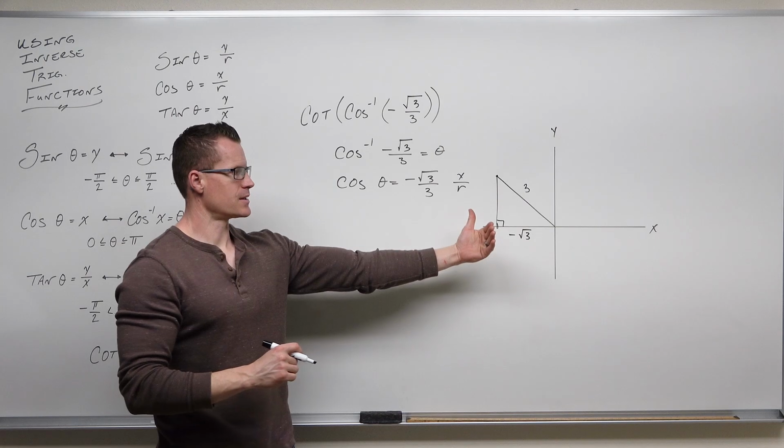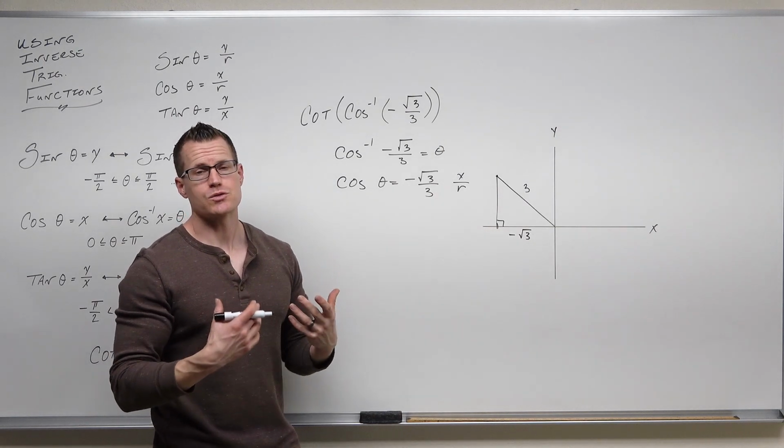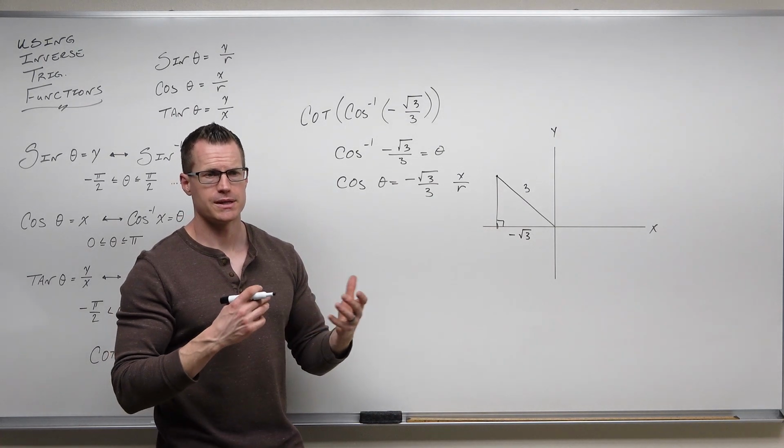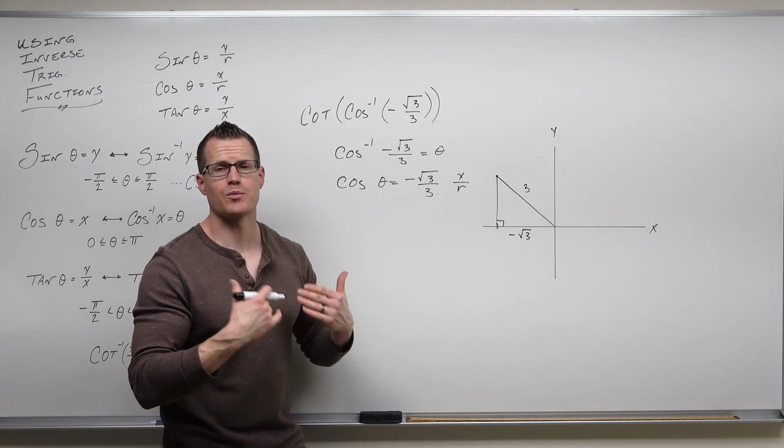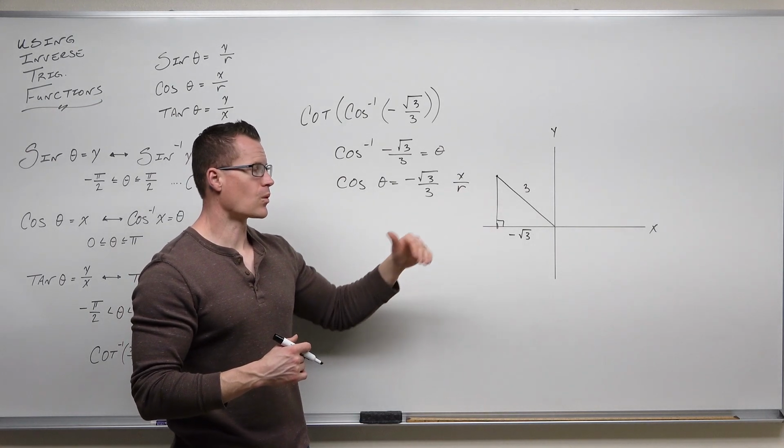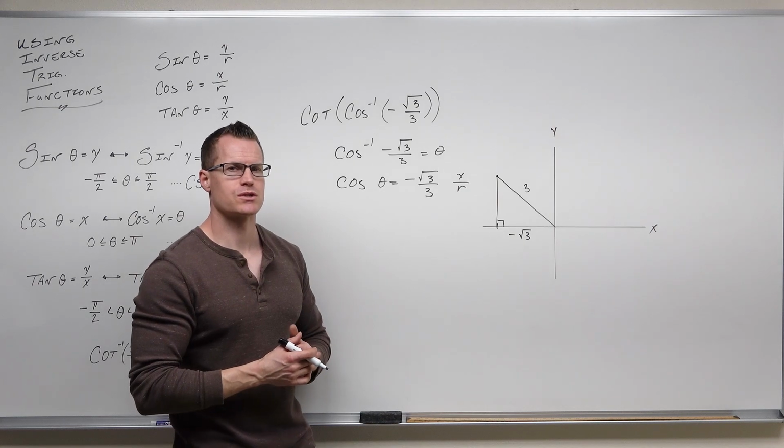So our x is negative square root 3. This is why we had to allow for these negative values so that it puts us in an appropriate quadrant. And our r, or our radius, or our hypotenuse is 3.